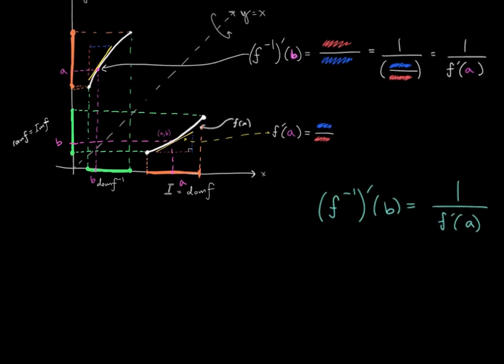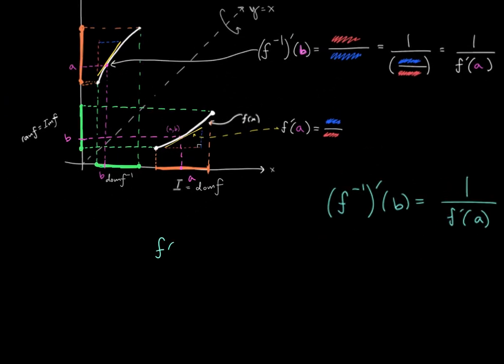But at the same time, we know that f of a is equal to b, which is synonymous, since we have an invertible function, with a equal to f inverse of b.